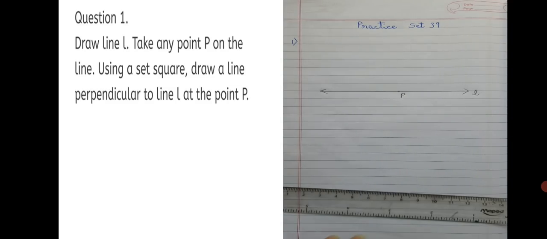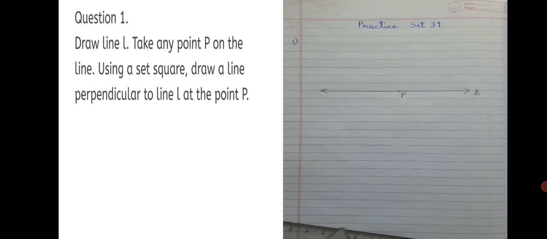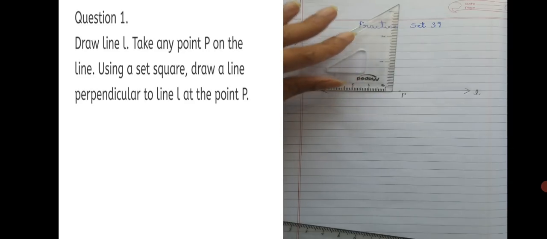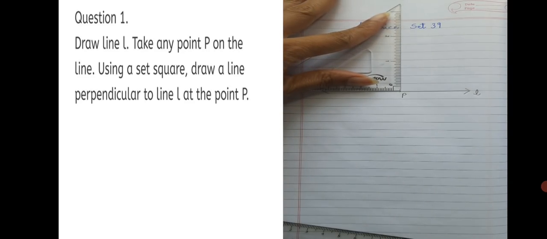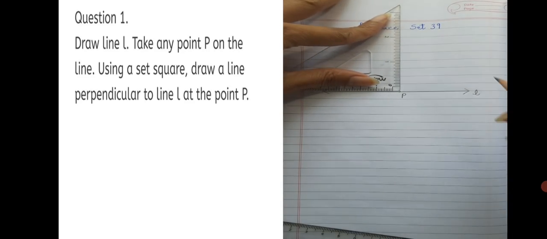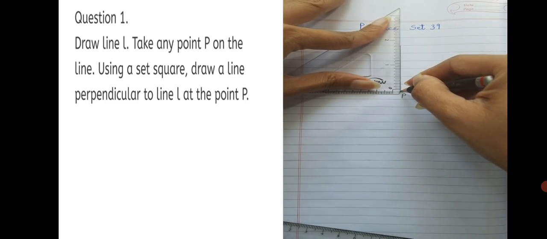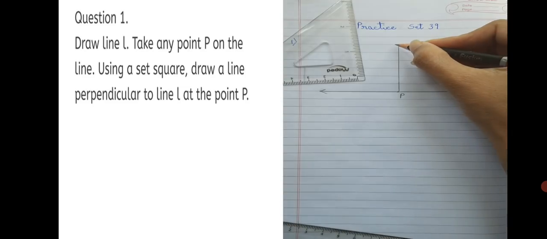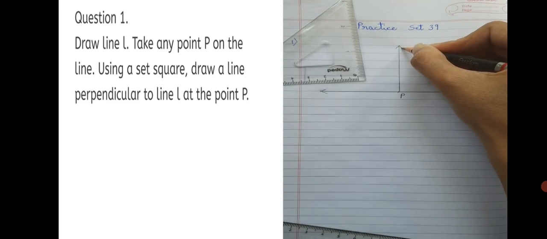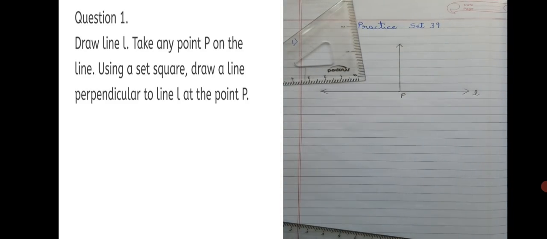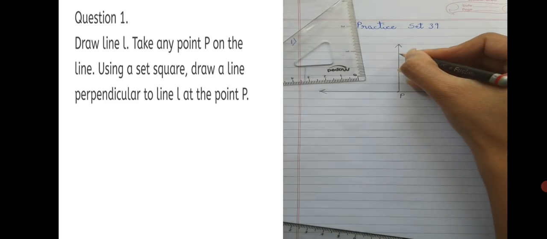Now in the question it's given to us, using a set square, draw a line perpendicular to line L at point P. So exactly at point P, we place the set square straight, one arm on the line L and the other arm which goes straight, and we draw a perpendicular through it. So this way we have completed.